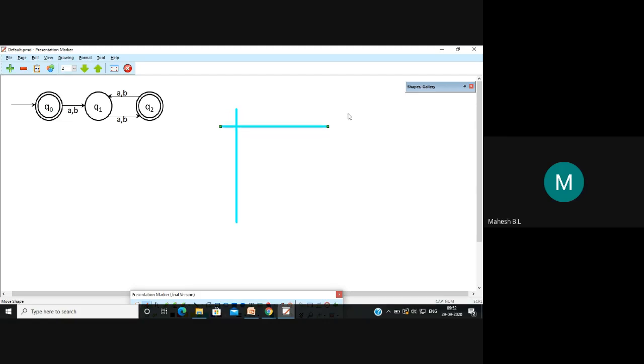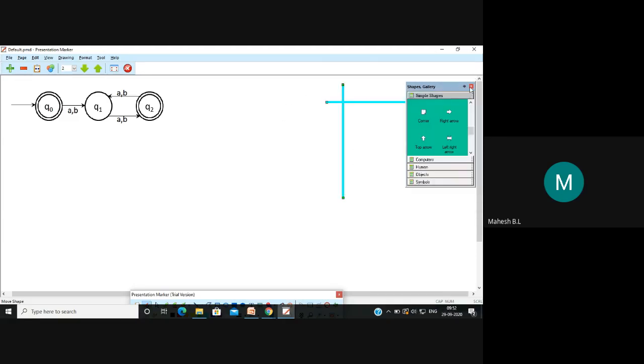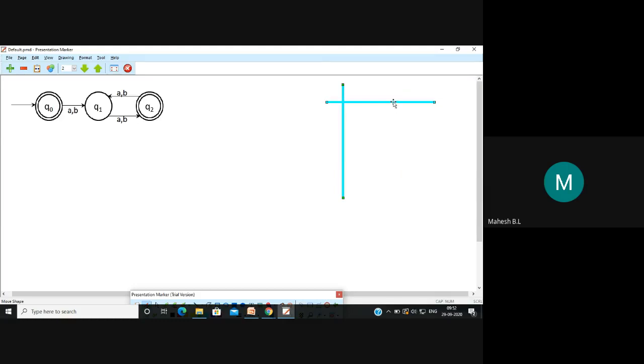Okay. So now let me draw the transition table first.